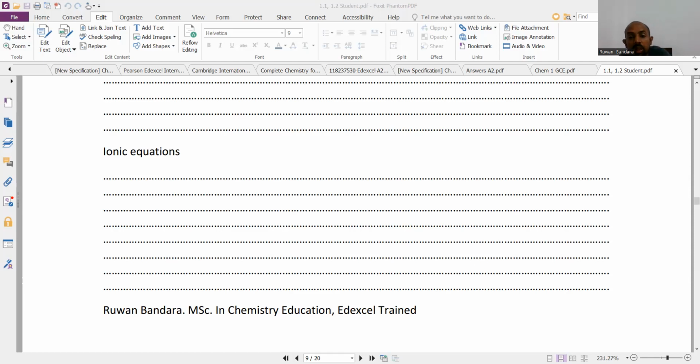So within bracket, spectator ions means ions that are there before and after the reaction, but not involved in the reaction.